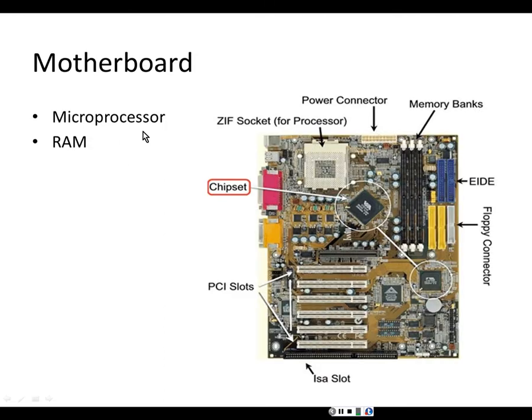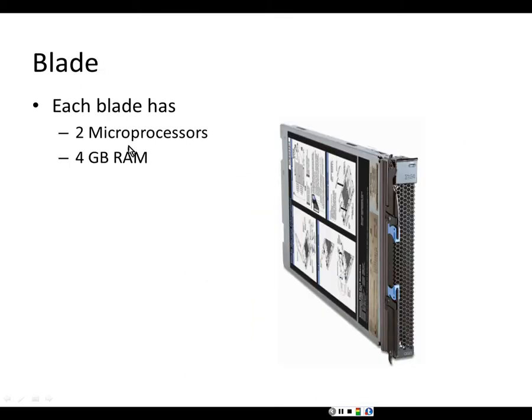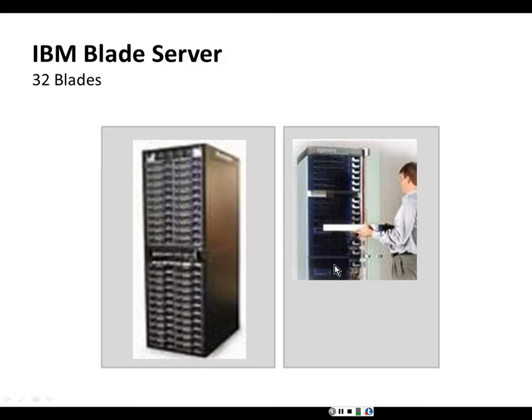It's a circuit board that has a microprocessor and RAM on it. Well, a blade is kind of like a motherboard in that it has 2 microprocessors and 4 gig of RAM. So if you put 32 blades in one blade server, that gives you a total of 64 processors. Now when we first bought our blade server, we only put 4 blades in it, but since then we have bought more and more blades, and now it's completely filled up.